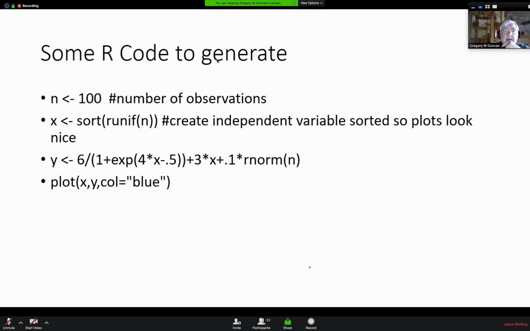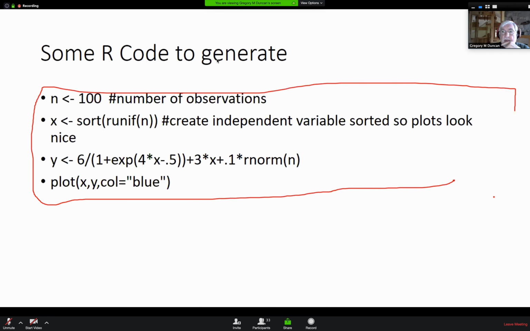And here's some R code. You don't have to look at this now, but you're going to talk about R tonight, and I just thought I would show you what's going to happen here. So what I do is I say I want 100 observations. I create an independent variable and I sort it so the plots are going to look good.